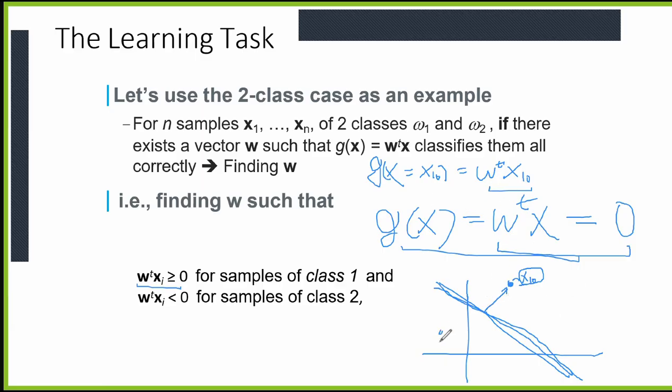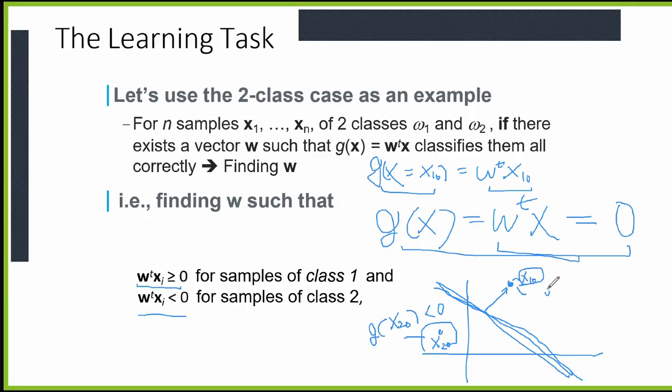But for x20, another data point, the output of this function when plugged in x20 could be negative. So in this case, the g of x output is negative.